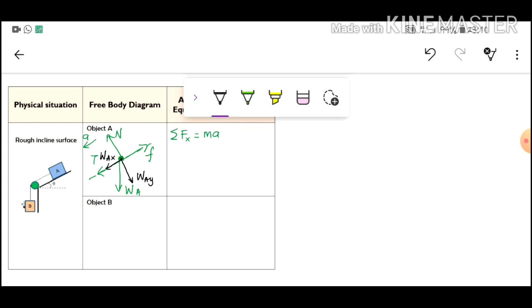From Newton's second law of motion, the forces in the same direction as a are positive. So we have T plus WAX minus F is equal to ma. So we get that T is equal to ma plus F minus WAX.